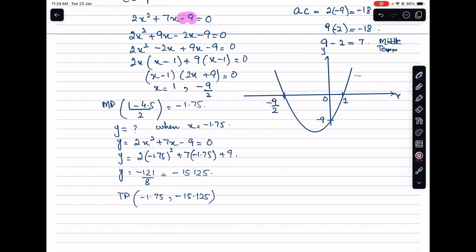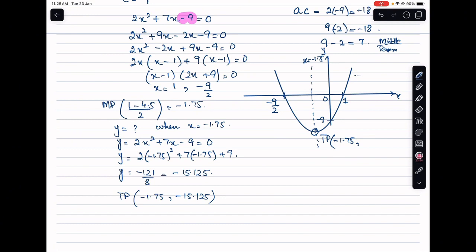So to do that, I need to have the midpoint coordinate of the two x-intercepts. So I have 1 minus 4.5 divided by 2, giving me a negative 1.75, meaning the turning point should be passing through the line of symmetry, which is x equals negative 1.75, and the turning point will also be having the x coordinate as negative 1.75.